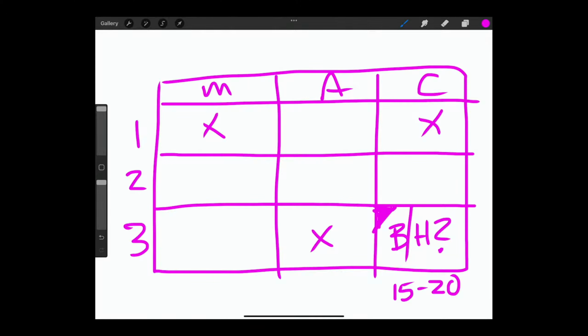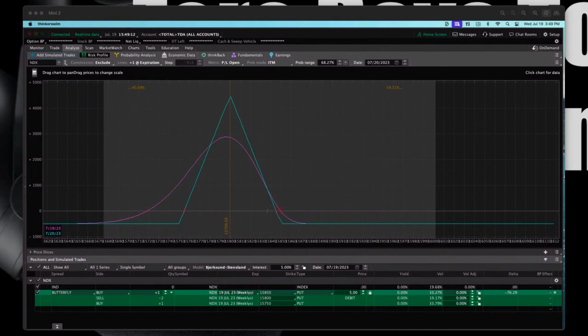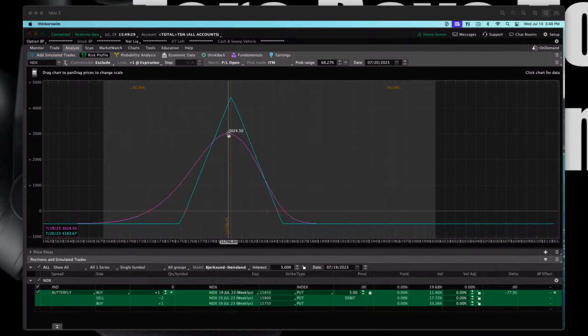So what does that mean? That means that if we were in this trade, and we're sitting right here at the center strike, and we have $2,900 of profit, and our tolerance is only 15%. Well, now it's at $3,000 of profit.